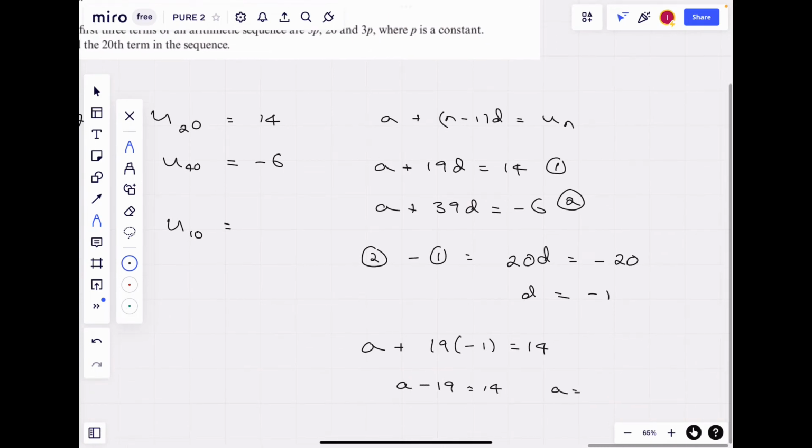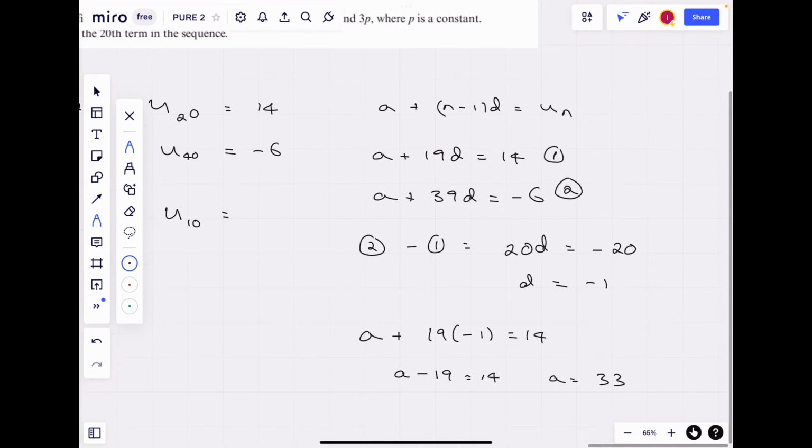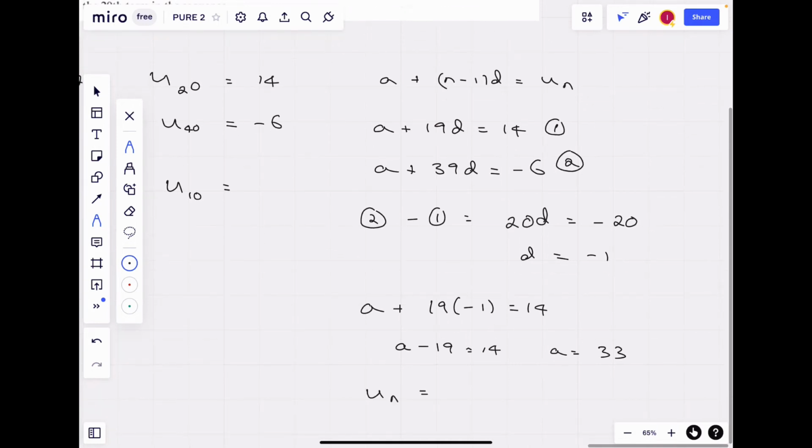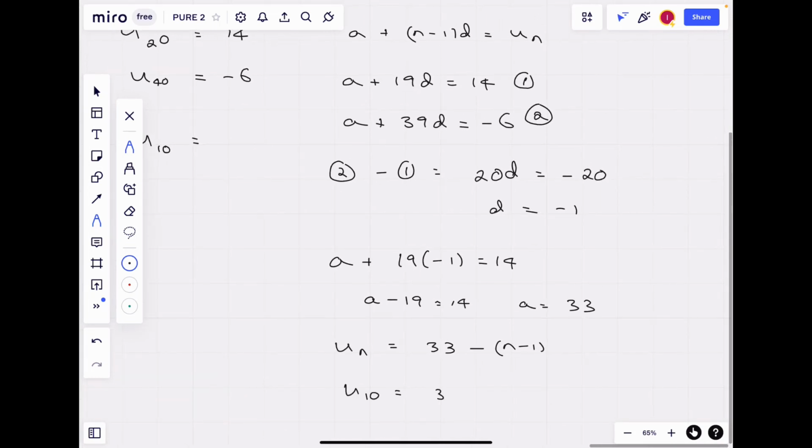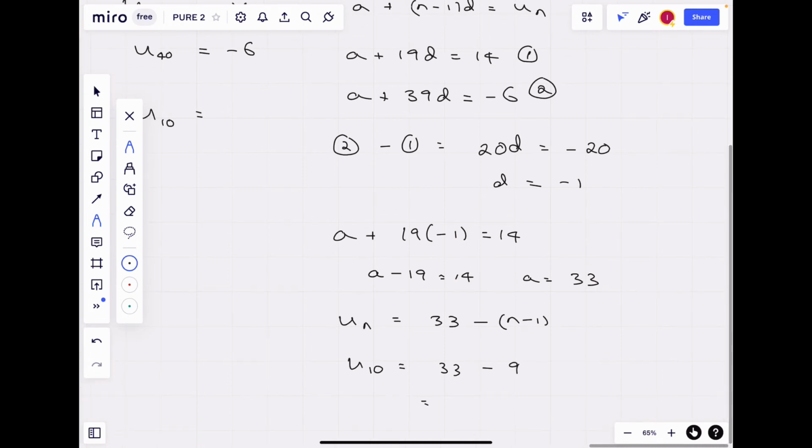So a equals 33. So un is equal to 33 plus (n minus 1) times minus 1. They want u10. 33 minus (10 minus 1), which is 9, which gives you 24. There you go. That is question 7.